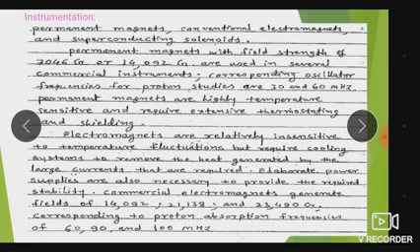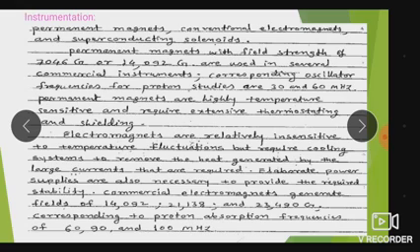Permanent magnets are highly temperature sensitive and require extensive thermostating and shielding. Electromagnets are relatively insensitive to temperature, so there is no need for thermostating and shielding against fluctuation, but they require a cooling system to remove the heat generated by the large currents.